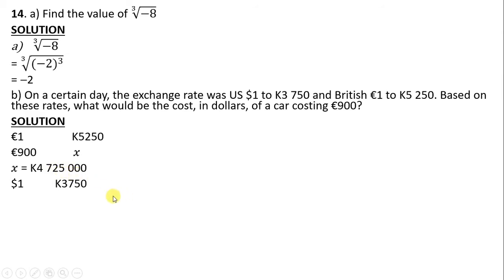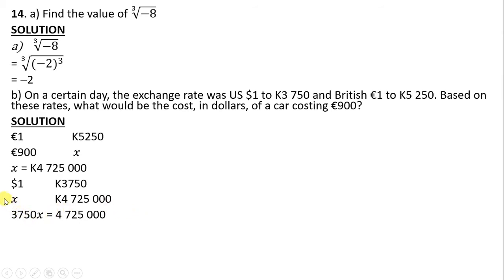Now from here, what are we supposed to do? Convert this to dollars. So we are saying $1 is equivalent to 3,750. X dollars, we don't know how many dollars will give us 4,725,000. So from here, what are we going to do? We'll cross multiply.